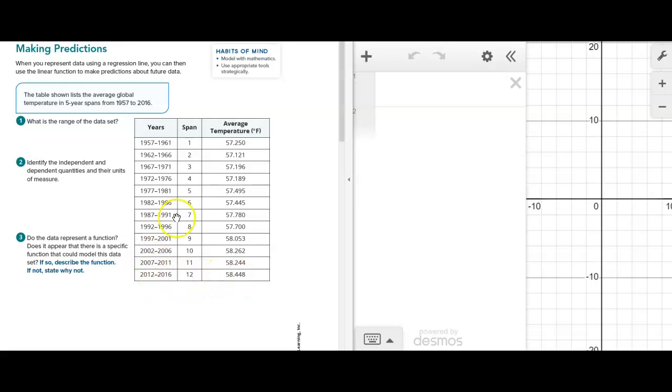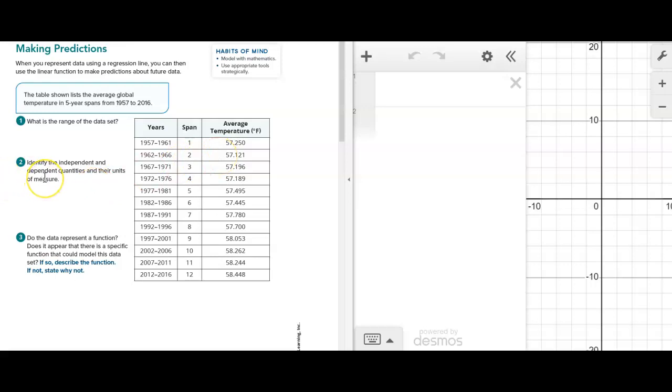And then the lowest, don't be fooled, it's not this one, because span 2 has a lower temperature than span 1. So for the range, you'll be taking this number minus this number, and then you'll have your range.